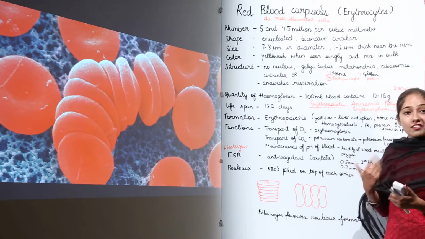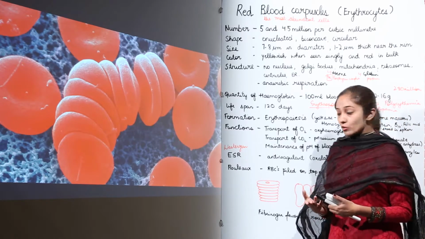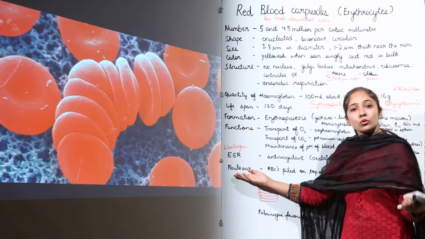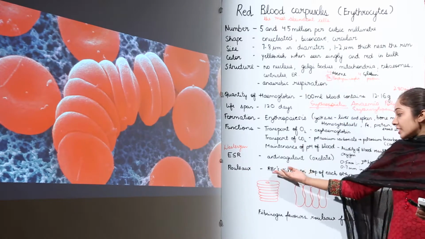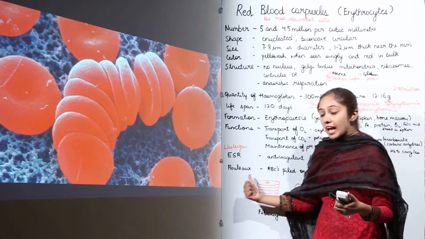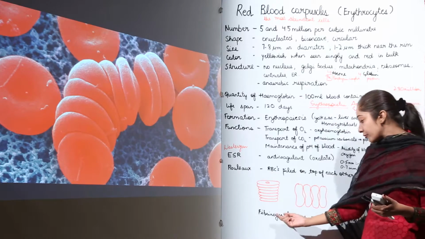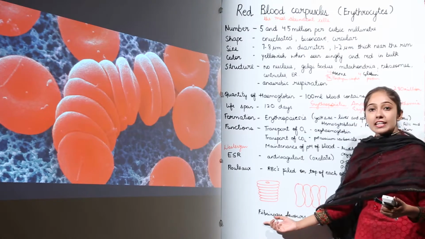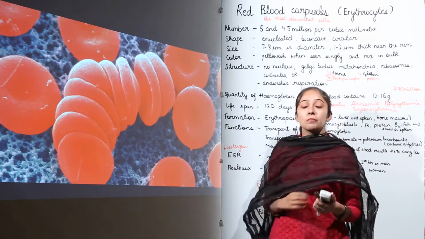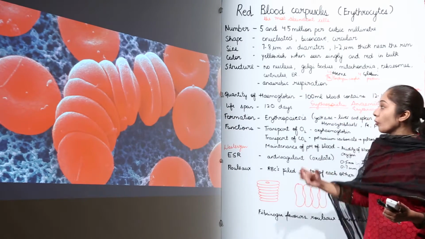So who favors the formation of this Rouleaux? Remember what is Rouleaux? It is the RBCs when they are piled up in this condition, we call it Rouleaux. And this Rouleaux formation is favored by fibrinogen. The RBCs are piled up when the blood flow is quite slow.